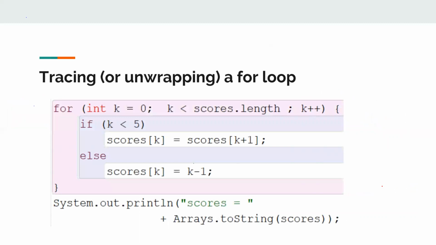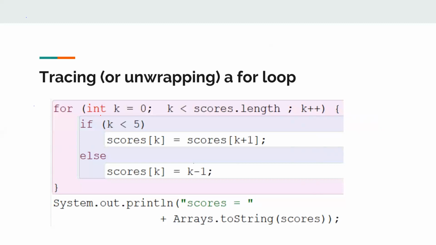One thing I do want to talk about, though, is that I want to emphasize the importance of being able to look at a loop and being able to predict what it's actually going to do. And as an example of that, I have this code here.